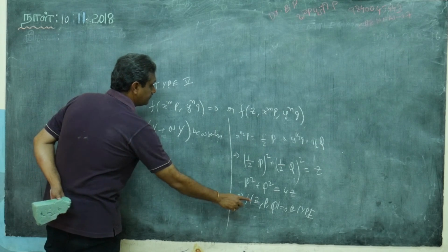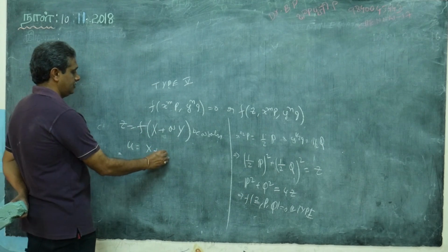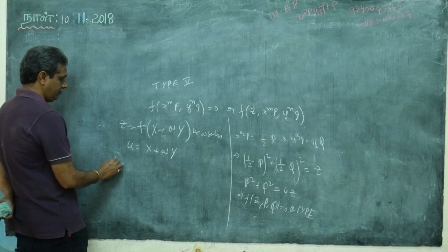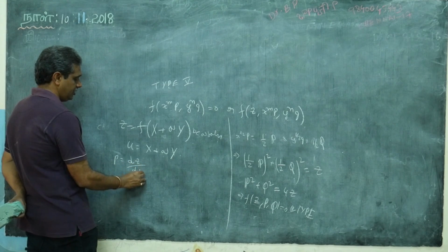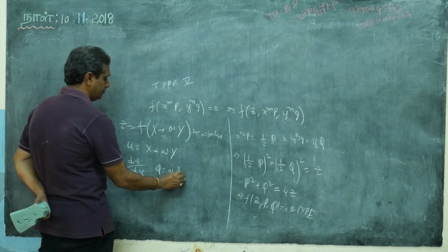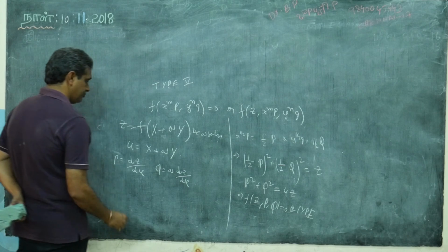Of this equation p square plus q square. Now it's X plus aY. Now again same story. So my p becomes what? dz by du. My q becomes what? a into dz by du. Go back and substitute.